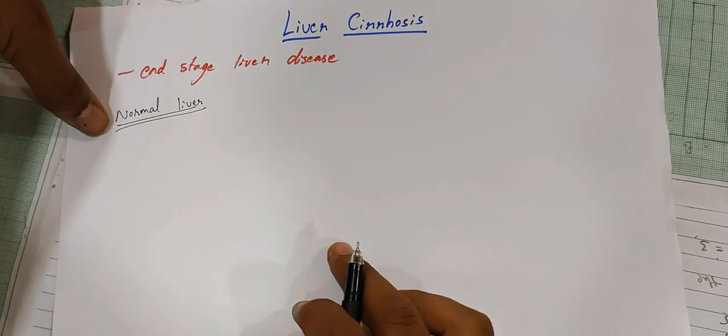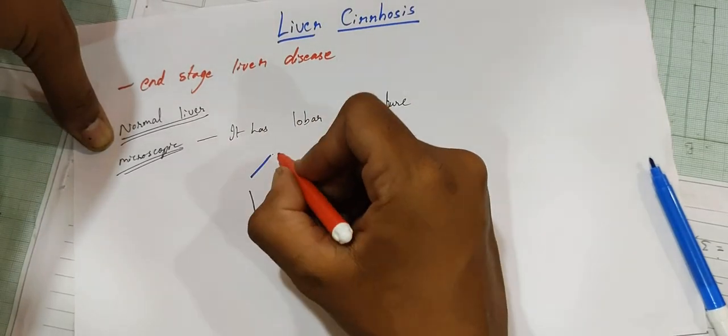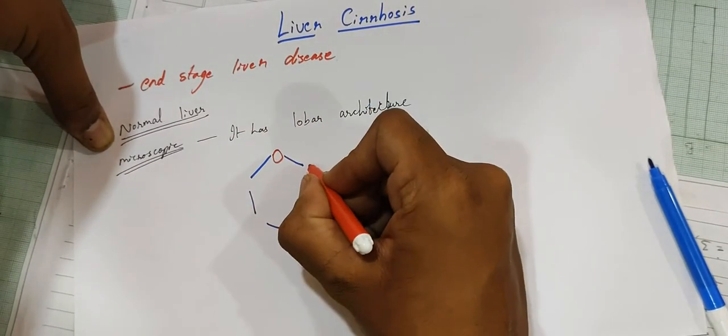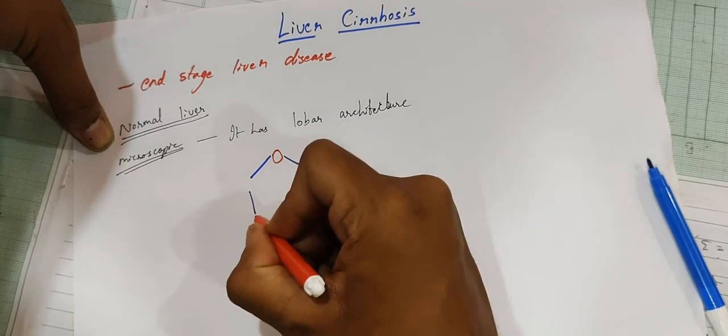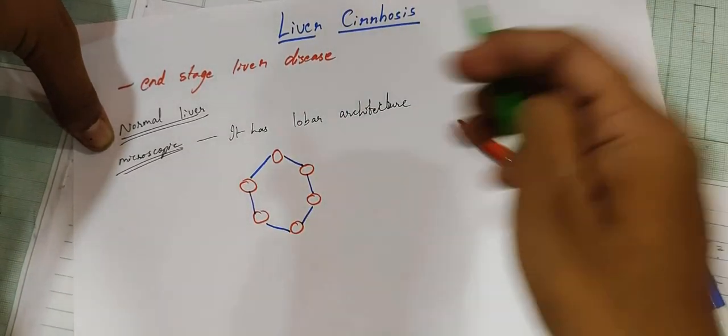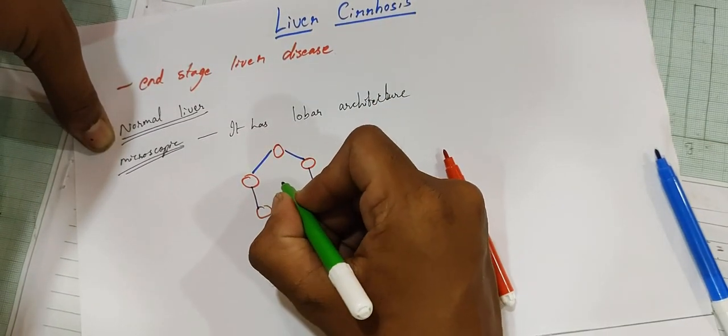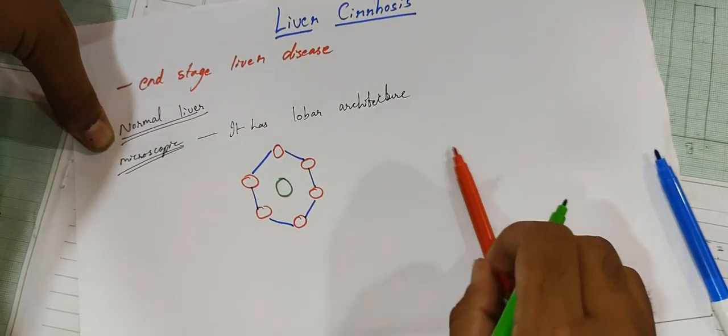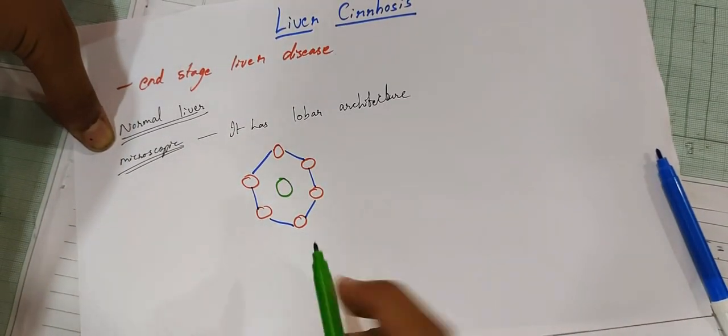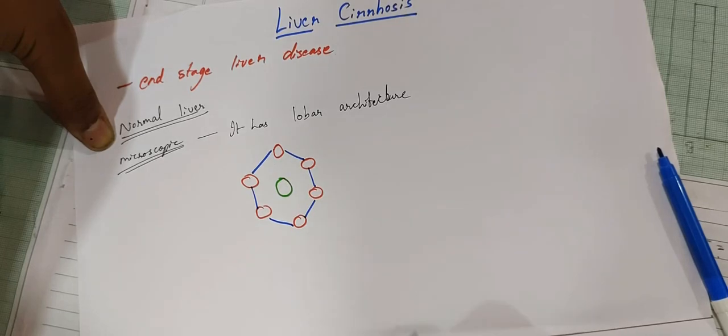Okay. The normal liver's hepatic lobule consists of a portal tract and a central vein.